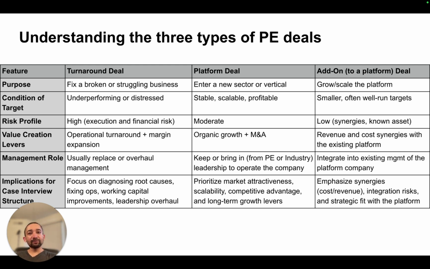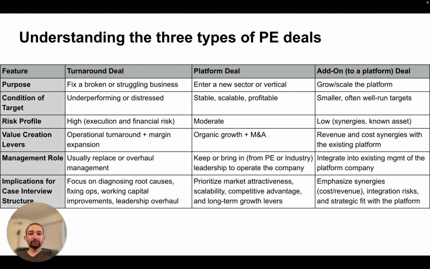And the add-on platform deal could be the lowest risk if you're very clear about the synergy potential between the two companies. Okay, we already covered the value creation levers, operational turnaround, organic growth, revenue cost synergies. You can read the rest on your own. So I'm not going to spend too much time about all of these things, but hopefully this gives you an idea of what are the different types of private equity deals that exist.